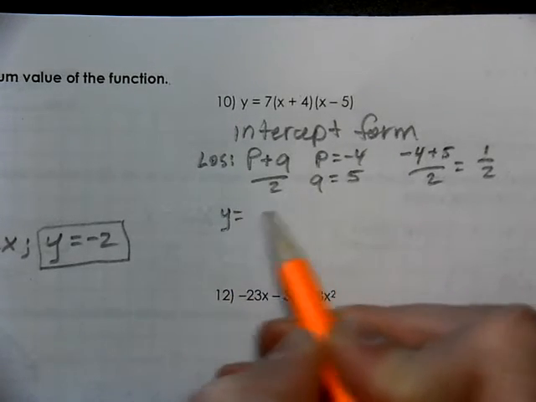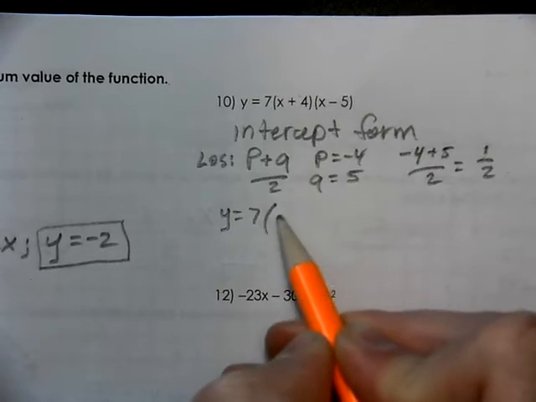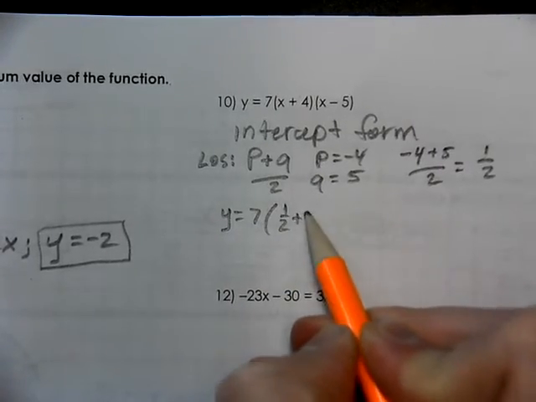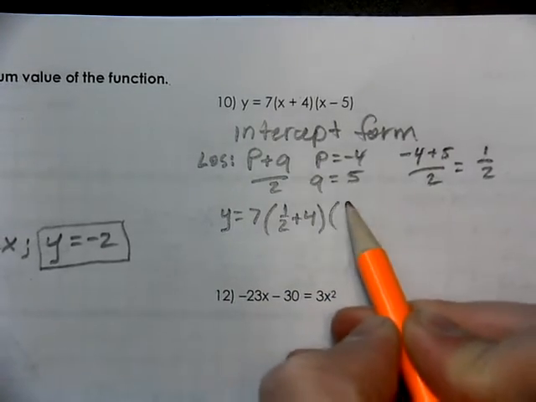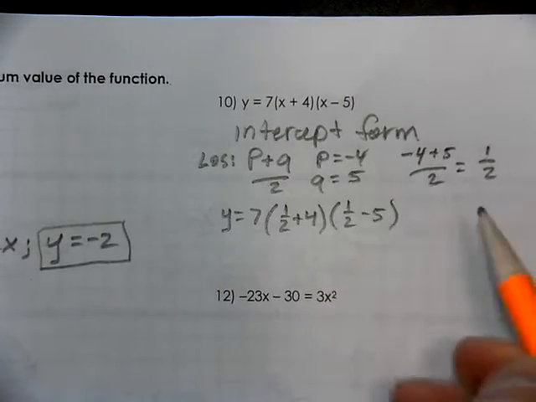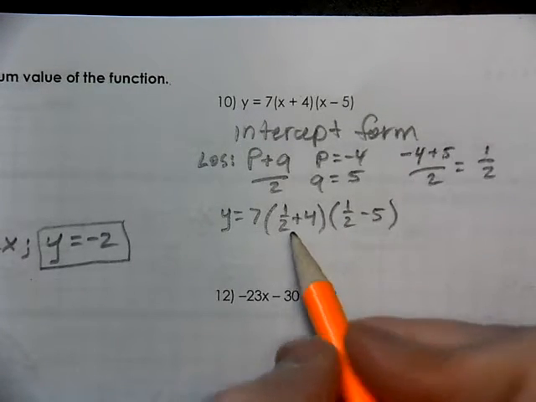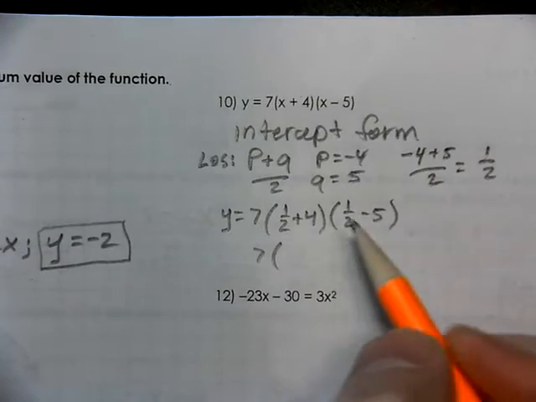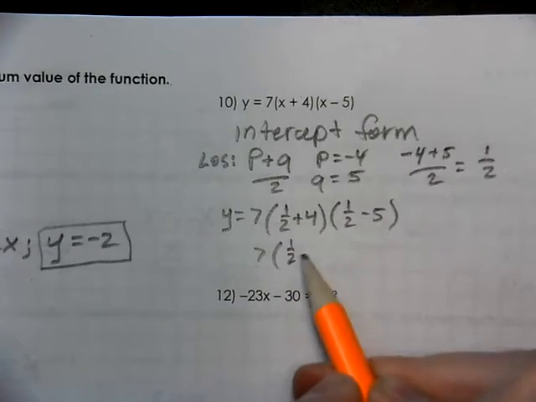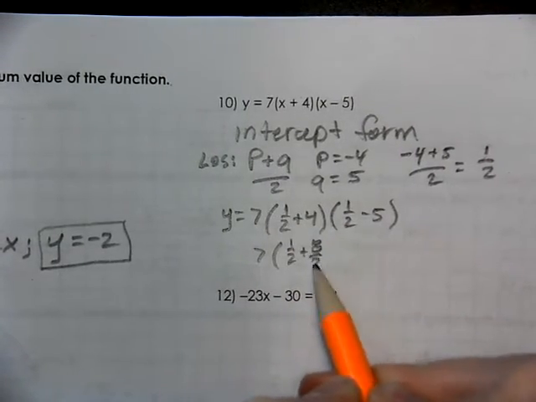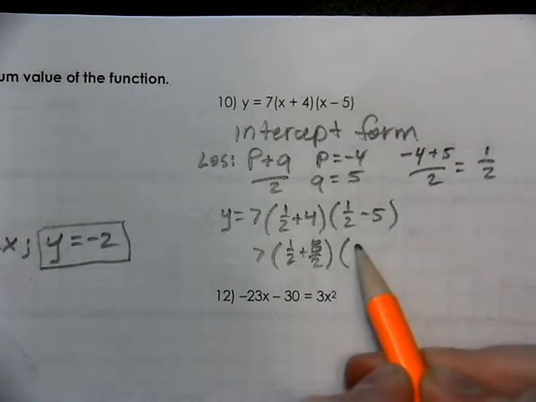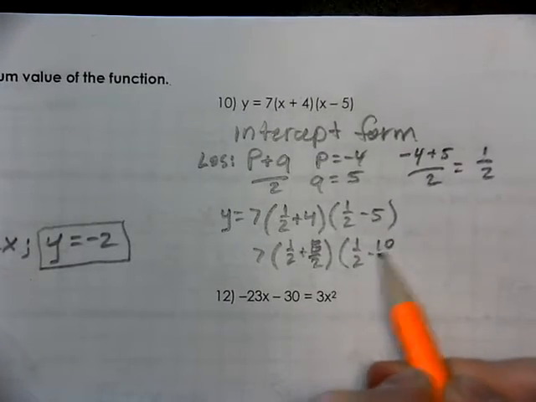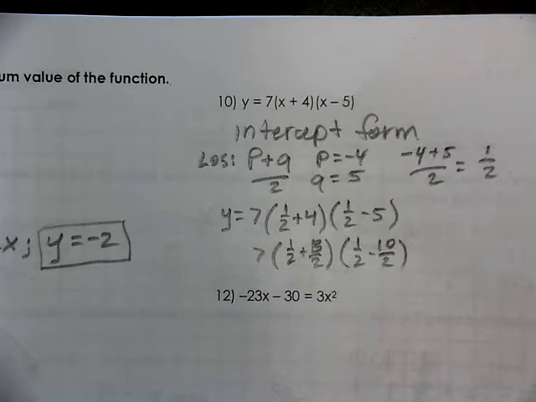So to calculate your y value at that point, you plug in the 1/2. So this would be 8 halves, which makes 4. And 10 halves makes 5.